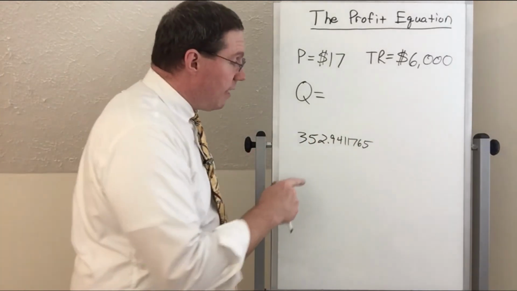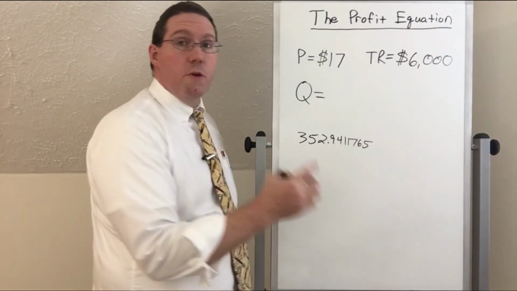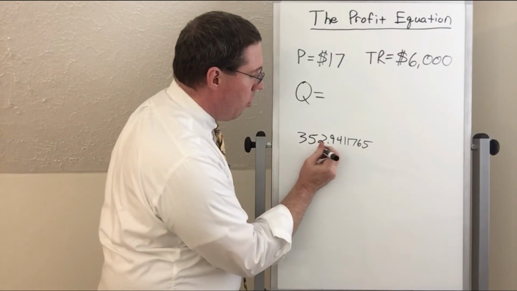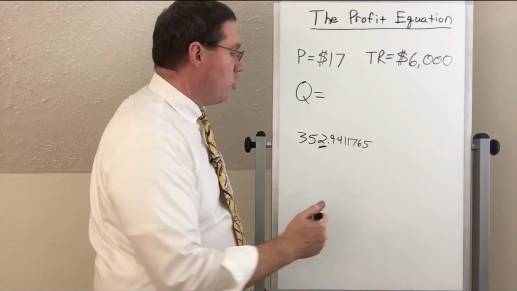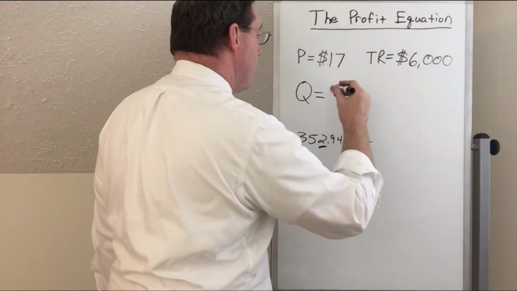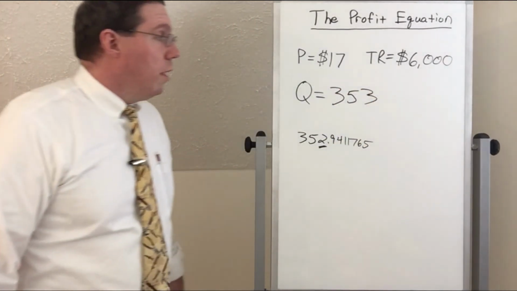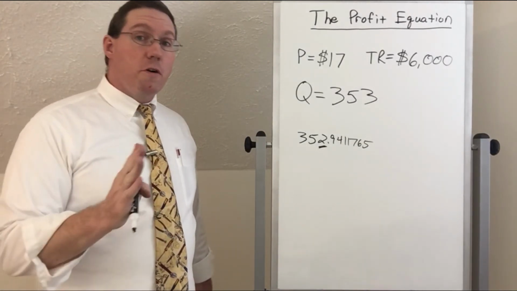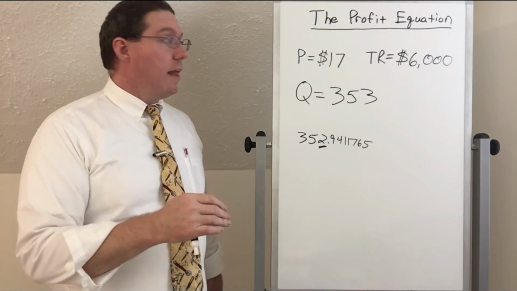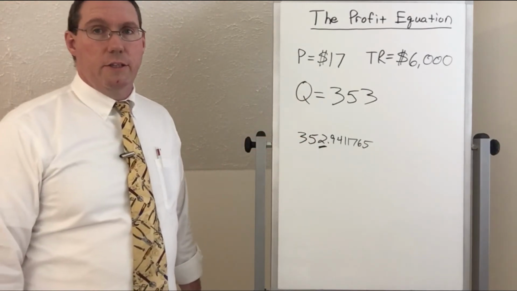Whenever you come up with a number like this, you're going to round to the nearest whole number. 352.94, we're going to say, is a quantity of 353. So whenever you're doing problems that involve quantity, you first calculate your quantity, and a lot of times you have to round your quantity and then do the additional calculation.